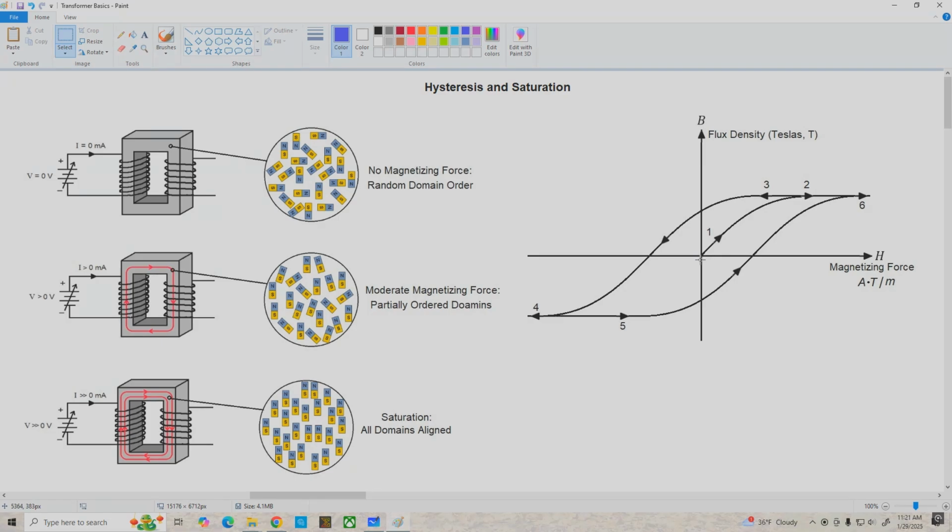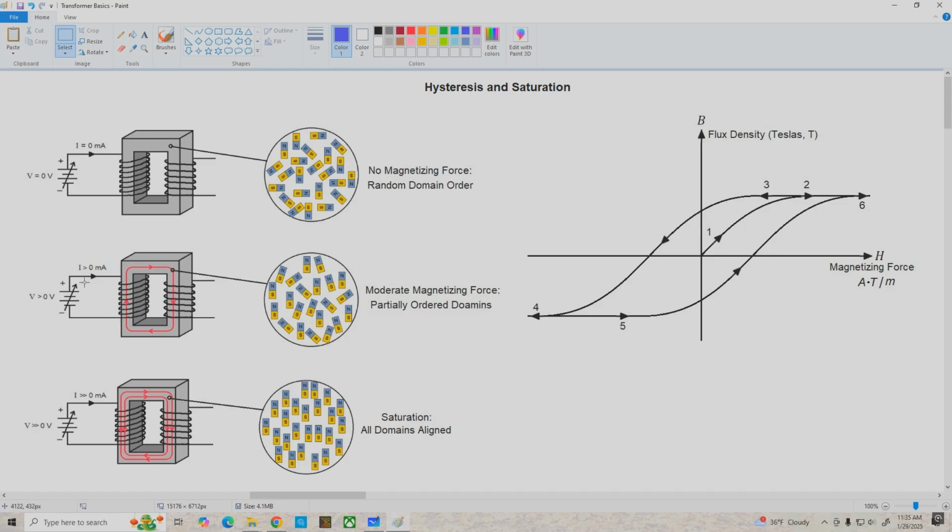This is often referred to as a hysteresis curve, and it's a graph of magnetic flux density in the core, usually given in Teslas, but sometimes in Gauss, as a function of magnetizing force in amp turns per meter. Now, starting at the origin of the graph, if we begin applying an increasing magnetizing force, we're going to get a linearly increasing flux density in the core, and that corresponds to this middle illustration here.